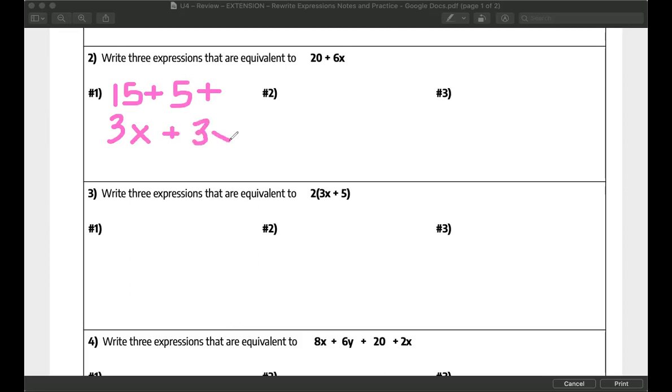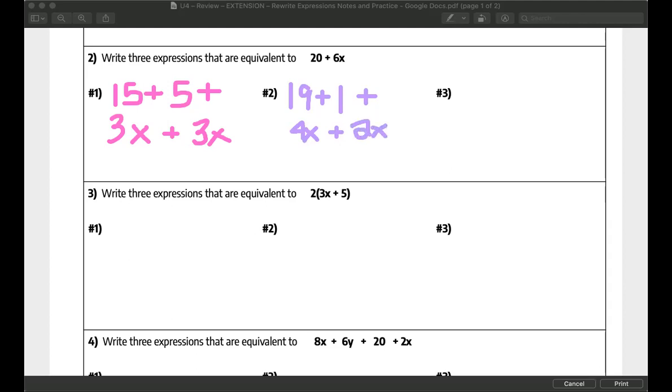Again, if I'm double checking my work, 15 and 5 give you 20, 3x and 3x gives you 6x. Let's break it down easily again here. Let's say I split my 20 into 19 and 1. So 19 plus 1, that gives us 20, plus 6x. Let's say I split that into 4x and 2x. That would be another equivalent expression.